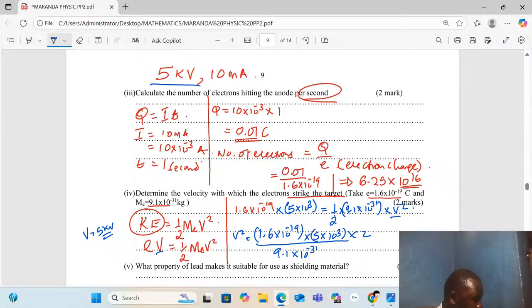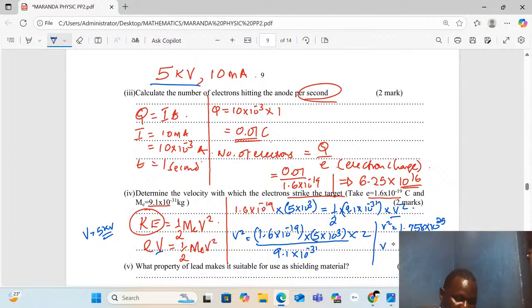And this will result in v squared equals 1.758 times 10 raised to power 15.